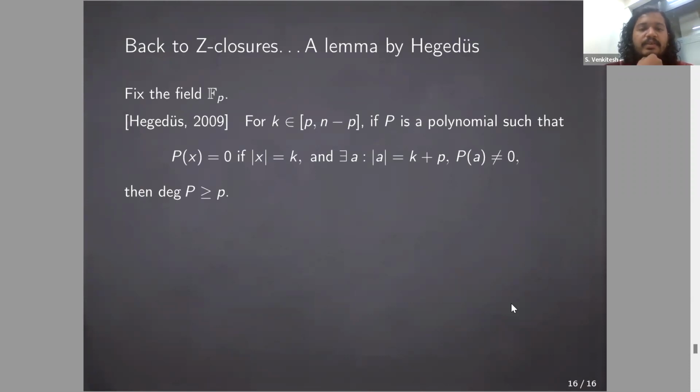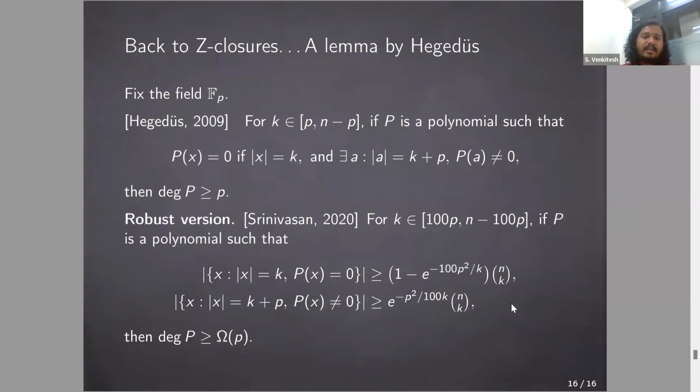Hegedus showed that if you consider any Hamming weight k between p and n minus p, and if capital P is a polynomial which vanishes at every input with Hamming weight k, but does not vanish completely on the layer k plus p, meaning there is an input with weight k plus p at which the polynomial does not vanish, then the degree is at least p. As you're familiar with by now, this is a closure statement. What it says is that the layer k plus p is in fact in the degree p minus 1 closure of the layer k.